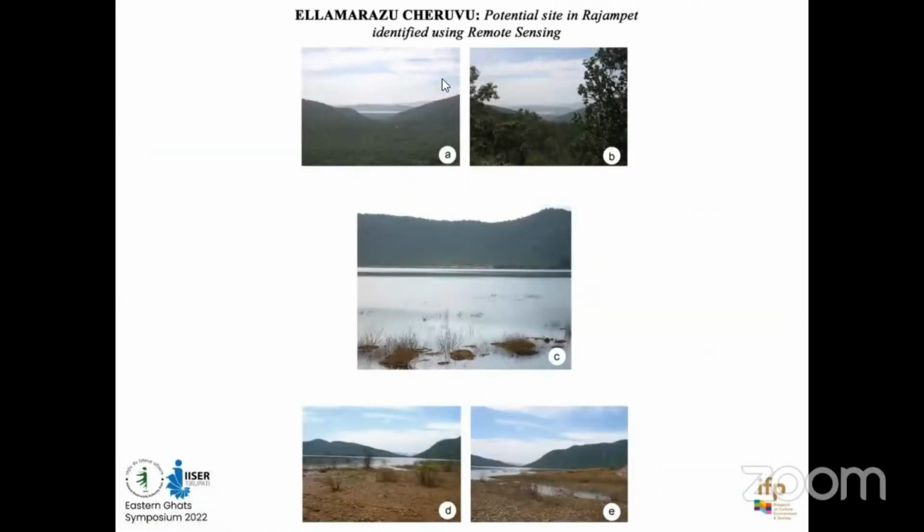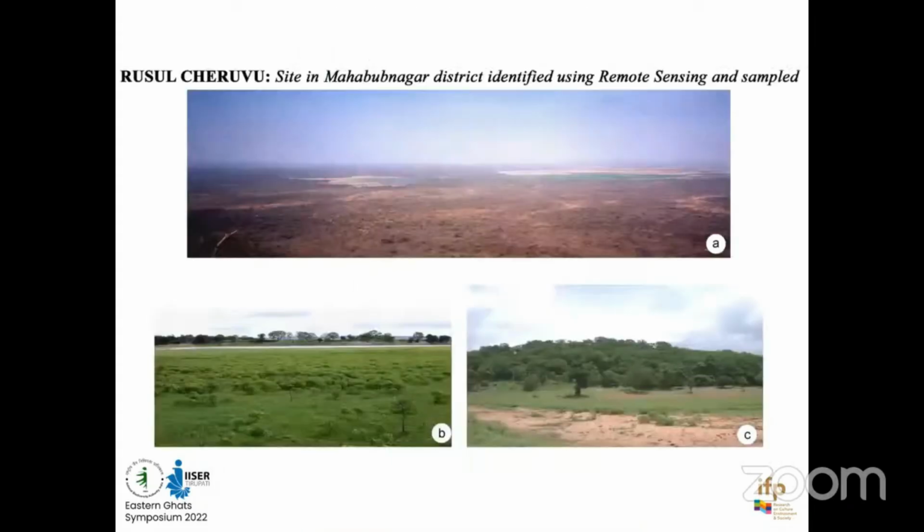And this again is one of the sites that we had identified in the course of a project with the help of both remote sensing, because we had done this jointly with the NRSA at that time, and also the Forest Department of Andhra Pradesh, where we had a lot of help once we identified many sites like this. And this was the other site which we had identified.